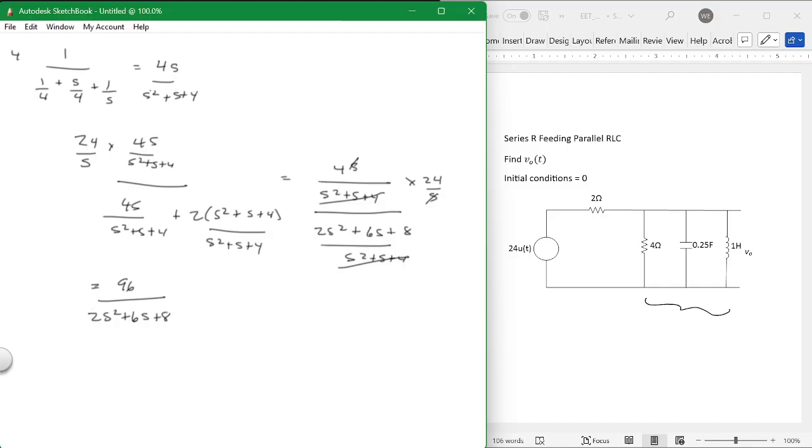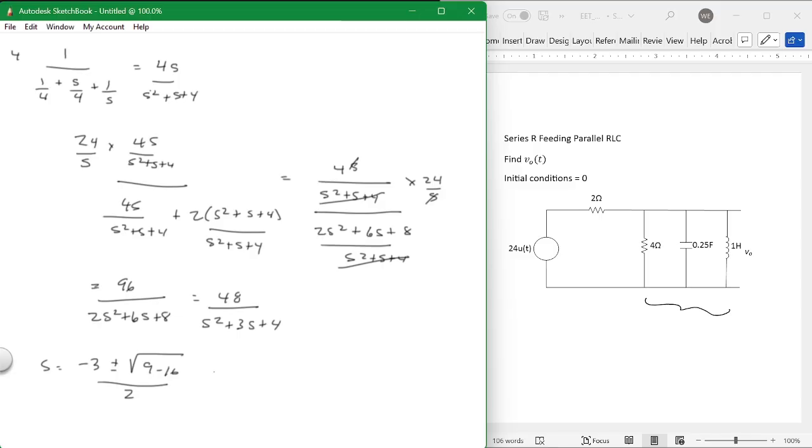What is that equal to? Okay, now I'm on my own because I missed it again. So this is equal to 48 over S squared plus 3S plus 4. Okay, now this, B, minus 3 plus or minus square root of B squared, 9, minus 4AC, or minus 16, is equal to what, over 2? Okay, so S is equal to this.